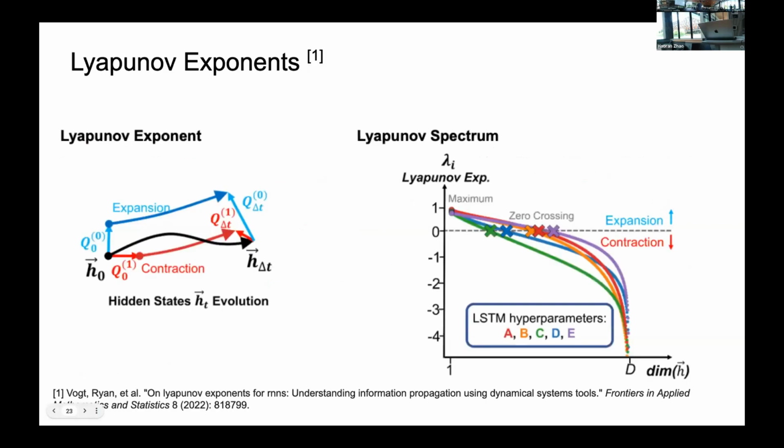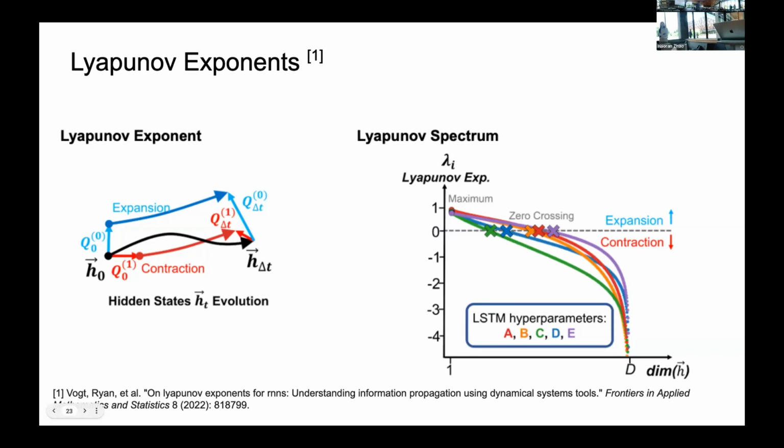In one of the previous works, people realized we can think about an RNN as a dynamical system. And in dynamical systems, people use a method called Lyapunov exponents to capture the expansion or contraction rate of each state. We can think about each hidden state as a state in the dynamical system, so we can use the Lyapunov exponents to capture that.